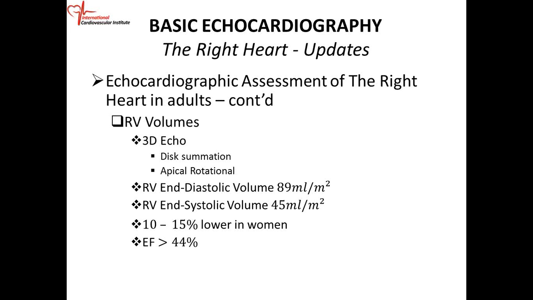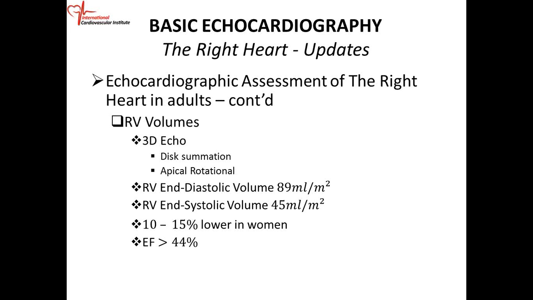And they use a disc summation method or apical rotational method. You don't have to know about the method, but 3D echo, three-dimensional echo, gives you volume assessment in the heart, very, very accurate.